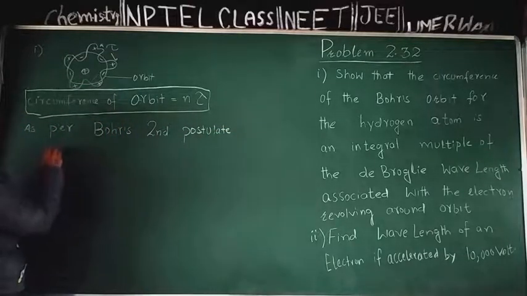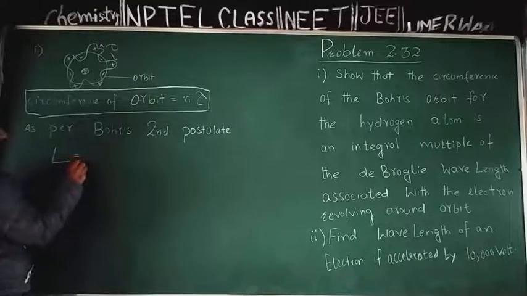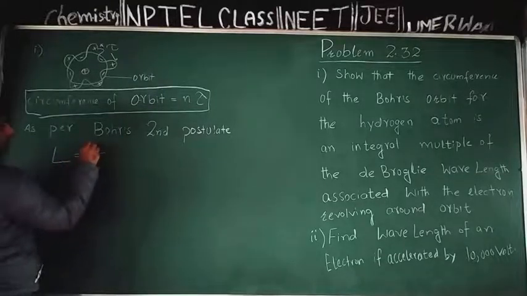Quantization of angular momentum, he said. Bohr said that electron will move only in those fixed orbits in which angular momentum of electron has quantized value equal to nh by 2 pi.